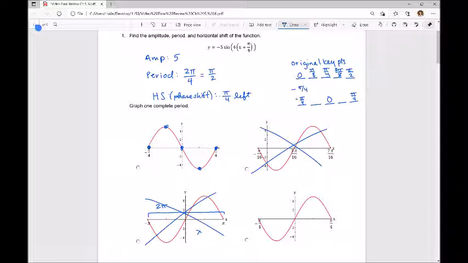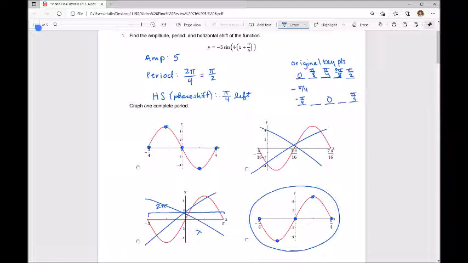But when we flip it, we want to start at our first key point, go down, go back up to the middle, go up, and go back down. So actually, our correct sine graph is this one down here, because notice this one was the flipped one.